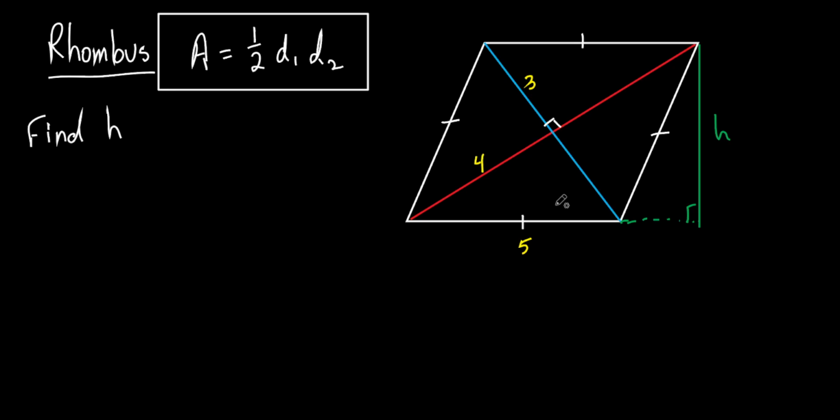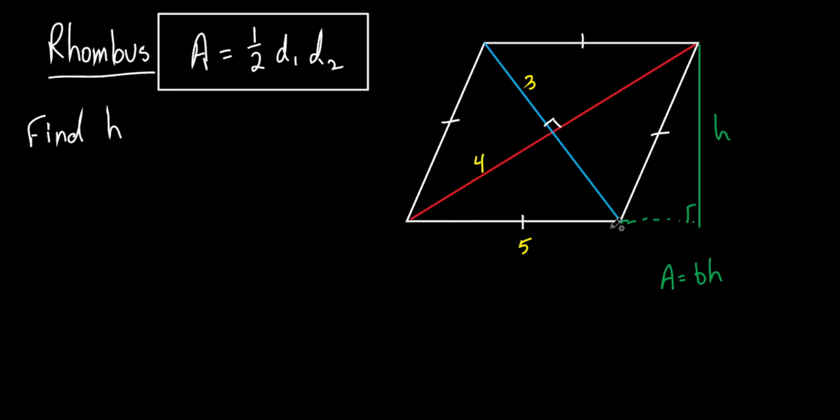But remember, a rhombus is also a parallelogram, isn't it? Do you remember what the formula for a parallelogram was? It was just the base times the height. So do I know the base of this parallelogram? What is it? 5. Good.